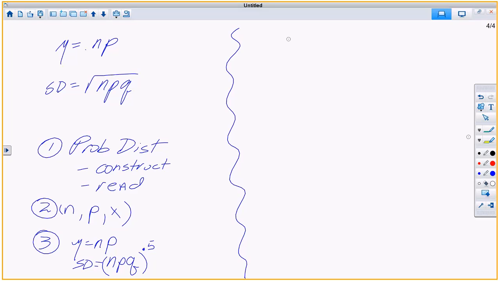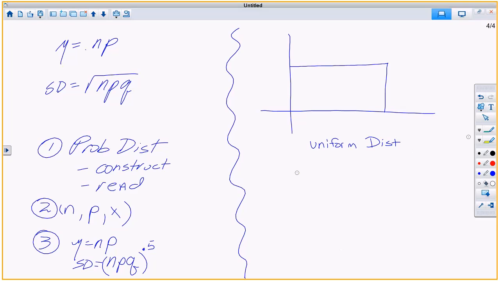But there's 2 forms of distribution. There is uniform distribution. And there is what? Normal distribution.